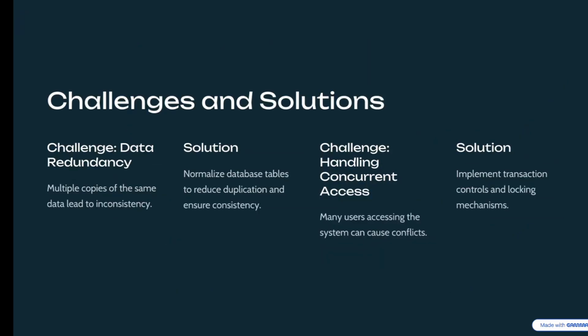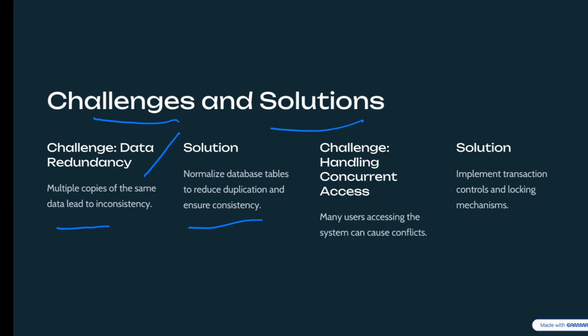Let us see the challenges and solutions of the student database management system. Challenge: redundancy. Multiple copies of the same data lead to inconsistency. Solution: normalize database tables to reduce duplication and ensure consistency.